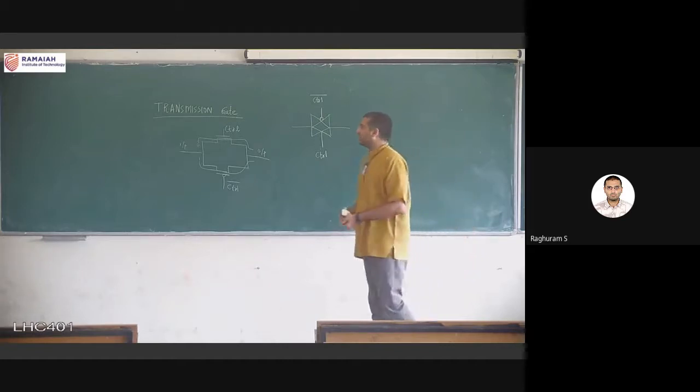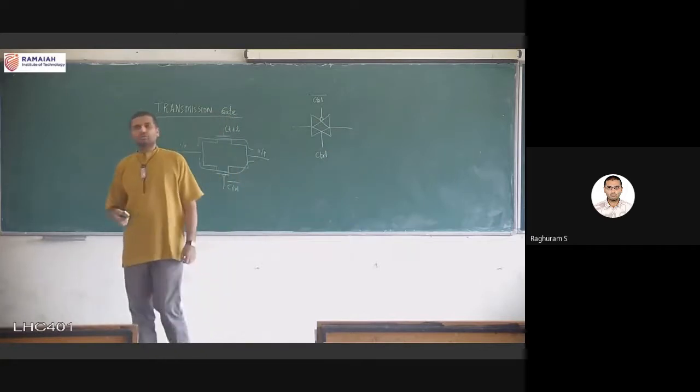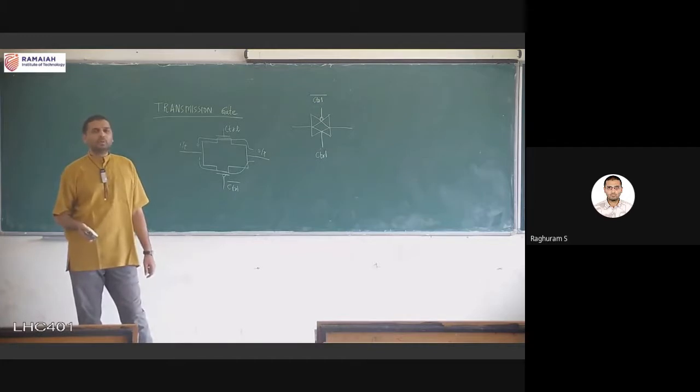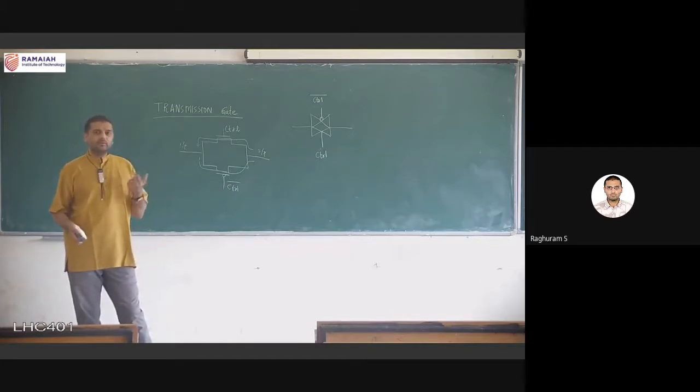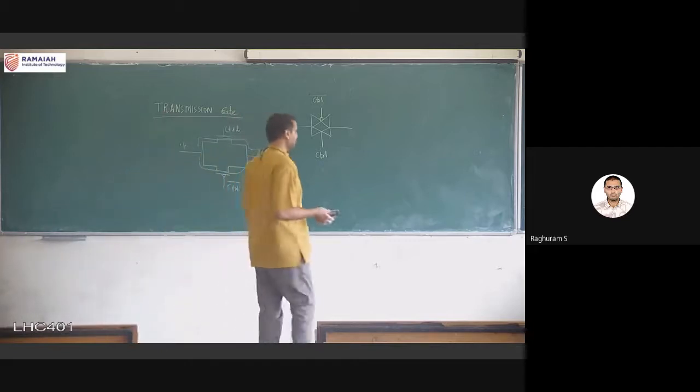So let us look at one example. Like I said in the classroom lectures also, multiplexers are the best option. So there we saw an example of 2:1 multiplexer. Let us see a 4:2 multiplexer.